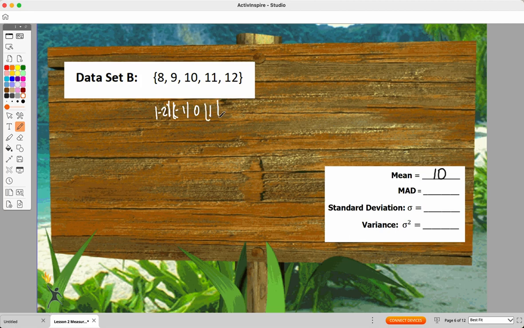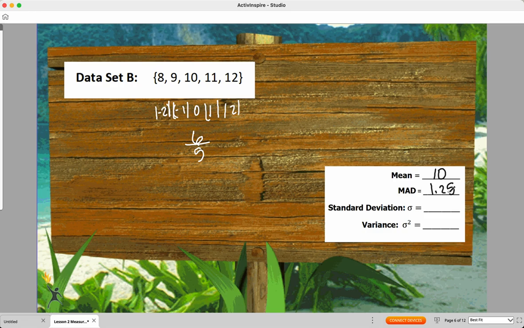And this one's going to be the absolute value of 1, absolute value of 2. Pretty quick and easy. So the total of the absolute values of all of that together is 6, divided by 5. So this time my mean absolute deviation is 1.25. So it's much, much closer than 10 away from each other.